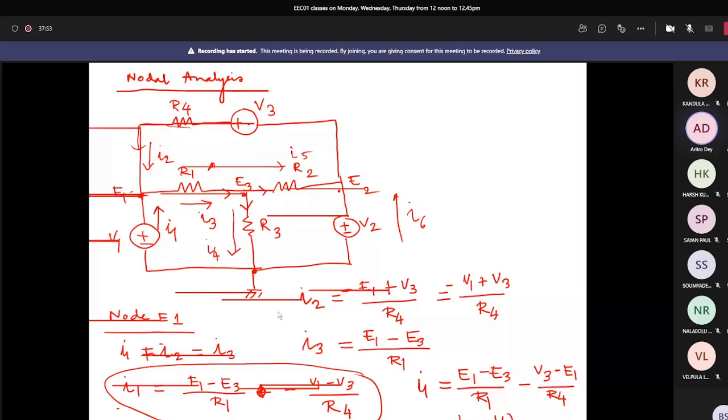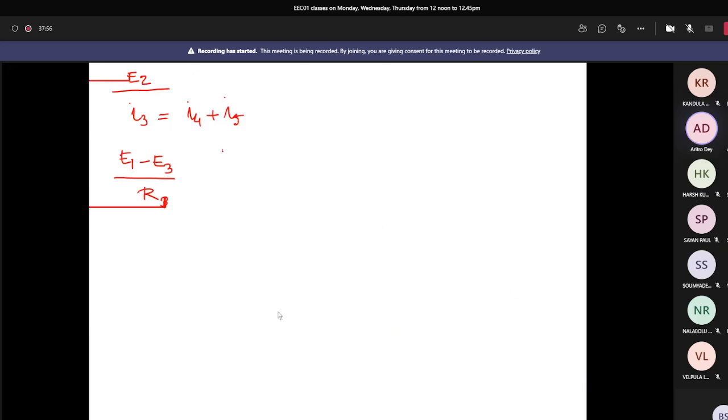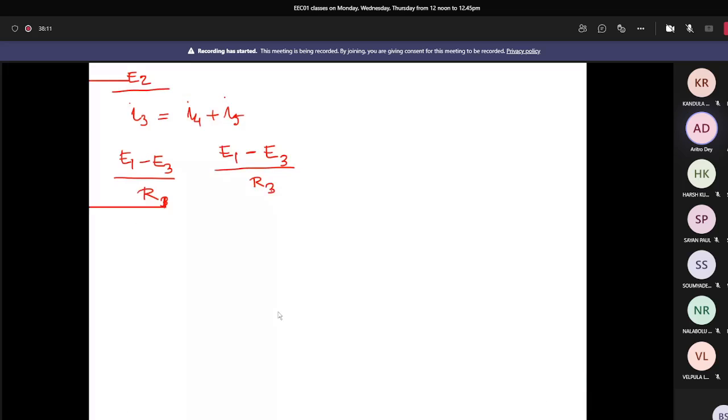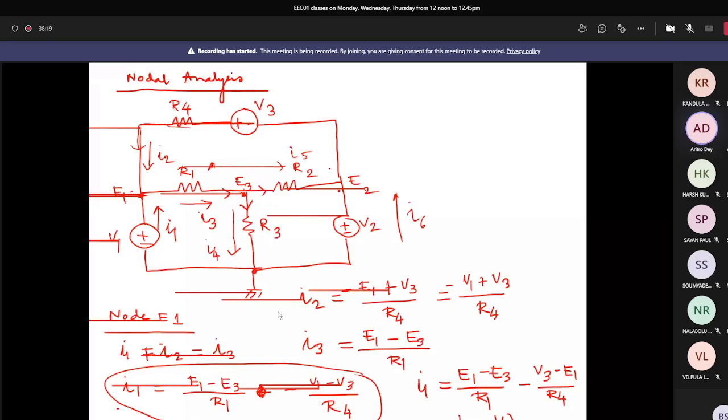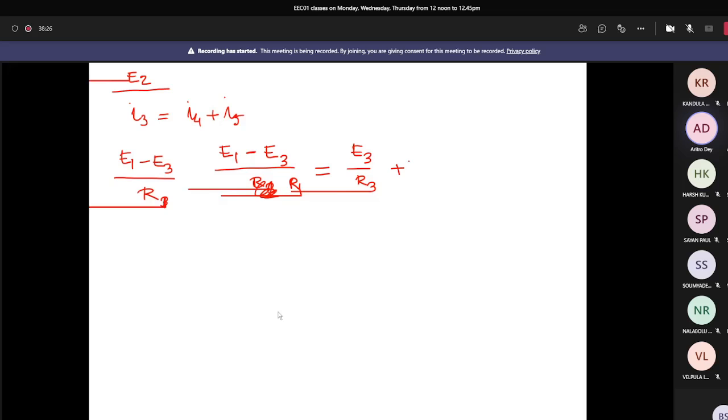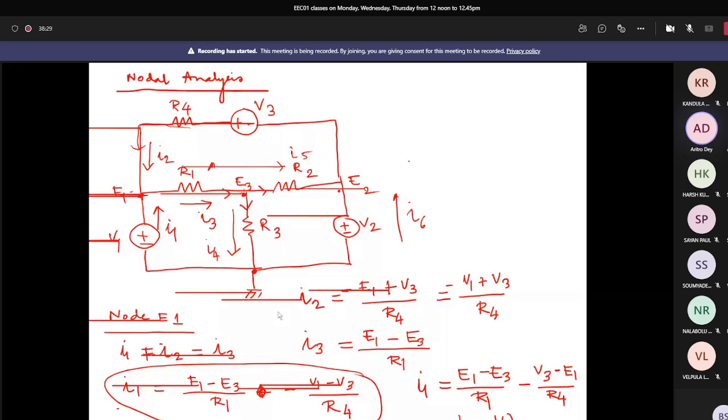Then the next node: E1 minus E3 divided by R1, not R3. This is R1, and this is equal to E3 by R3 plus E3 minus E2 by R2.